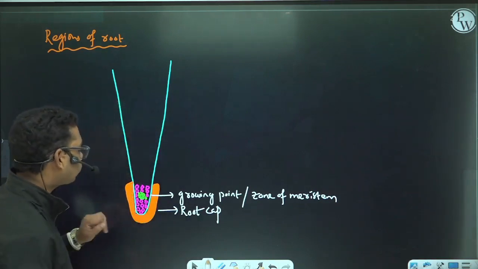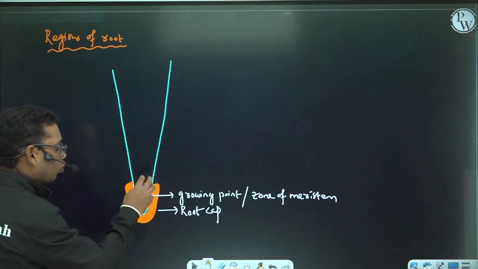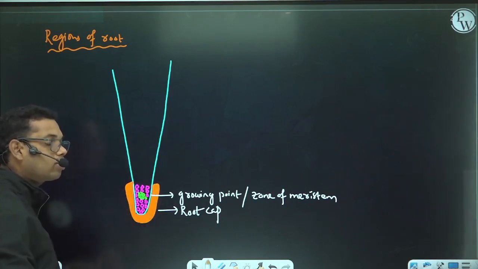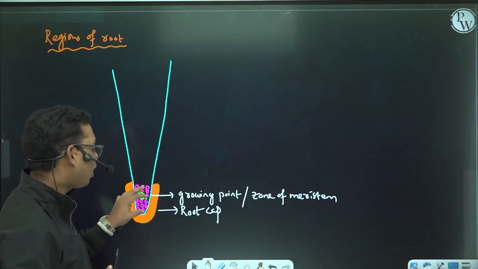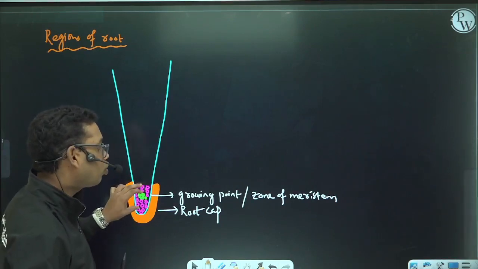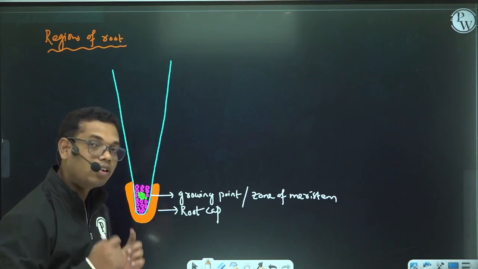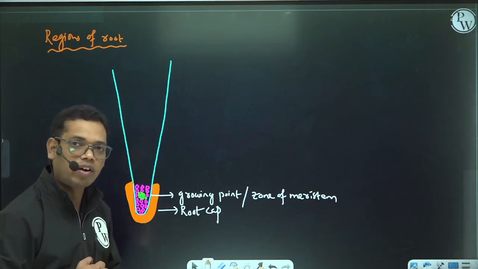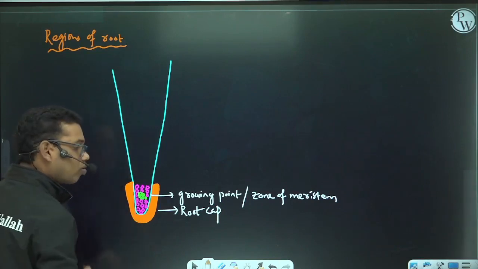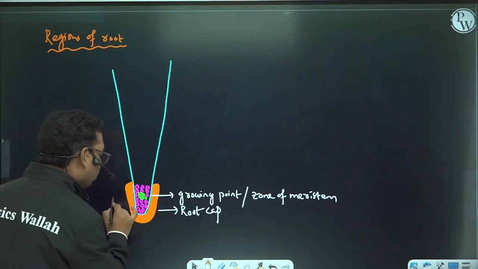Now, remember one thing: in the growing point, the cells present are meristematic cells, and that is why we call this zone the zone of meristem. But all the cells of this zone of meristem will not be dividing. You can see these are green cells, and these green cells are non-dividing cells.